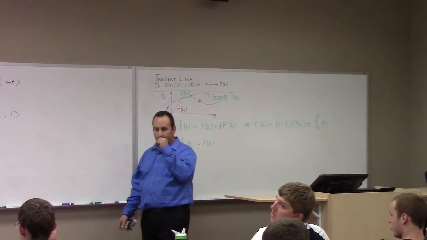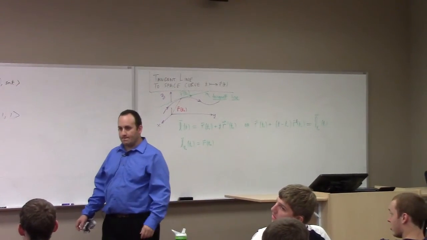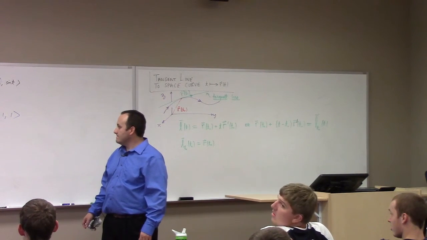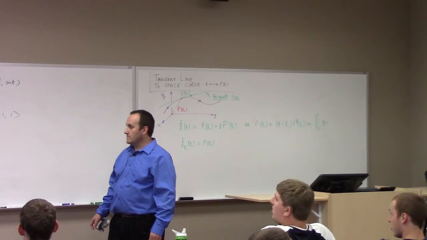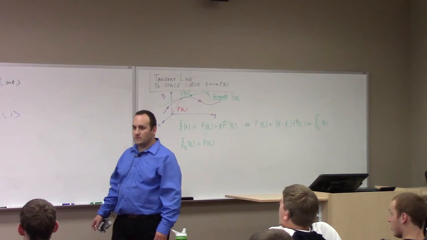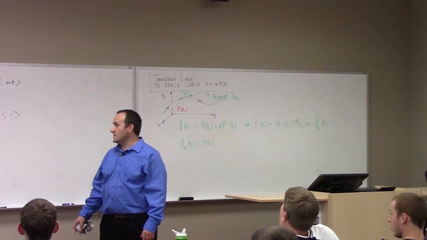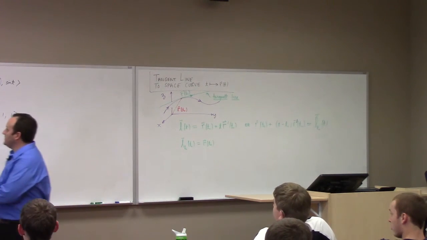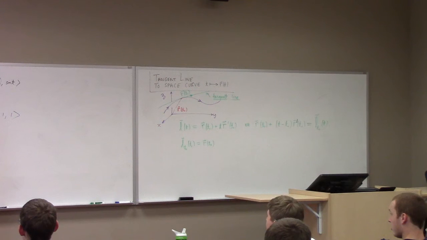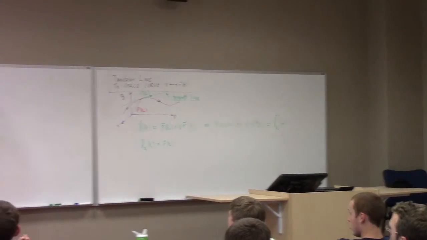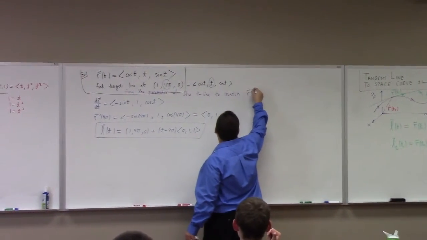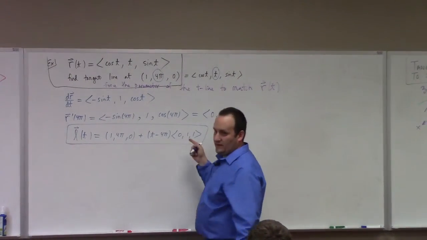Why did you do t minus 4 pi times the vector 0, 1, 1, and not t minus 1? Just a choice. I didn't specify otherwise. If I had added the instruction to force the parameter of the tangent line to match r of t, then this would be the necessary answer.